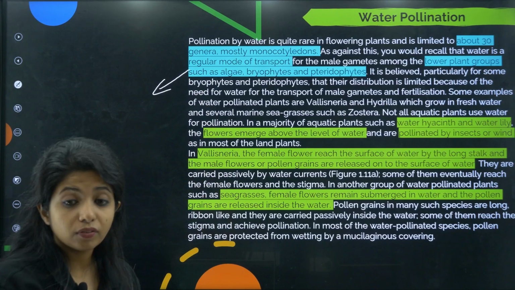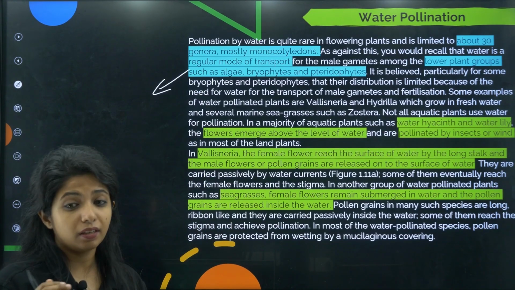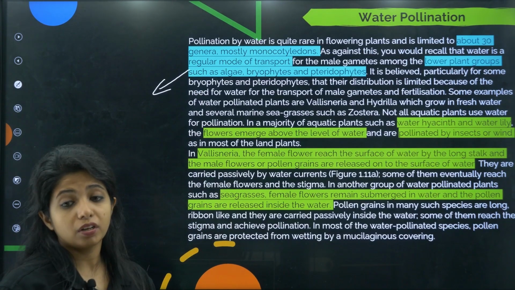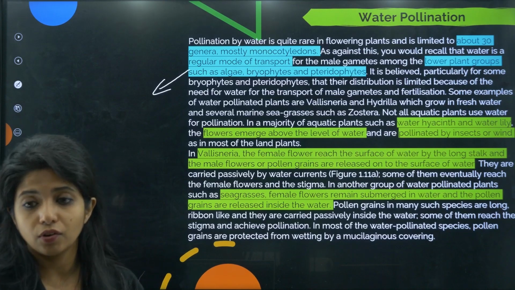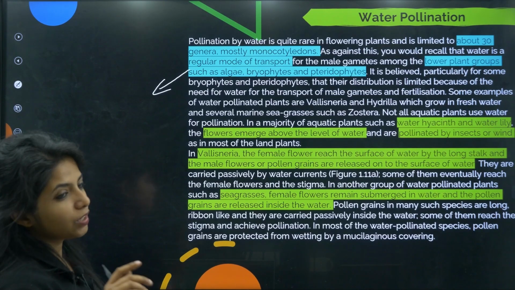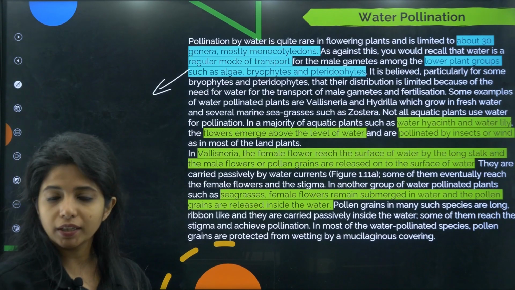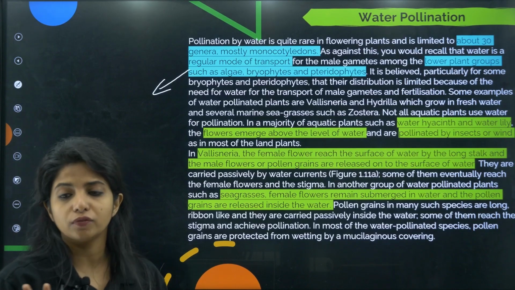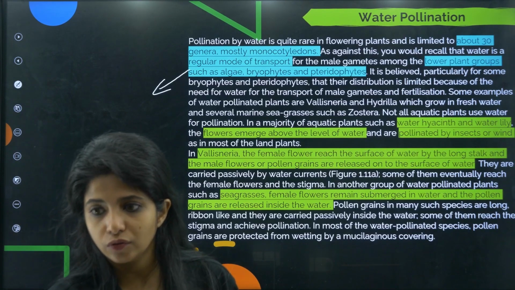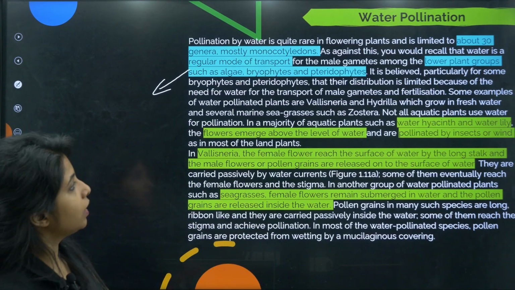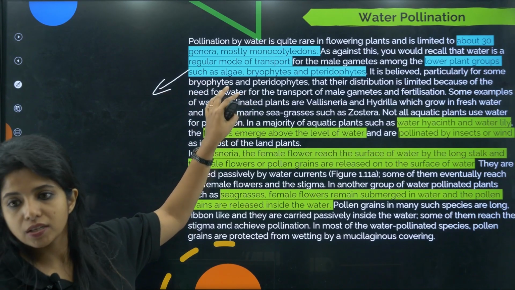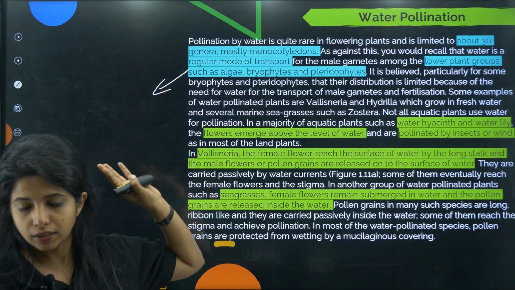They actually live in water, they do not live if water is not there. Such importance is given to water. So basically 30 genera of monocotyledons do it. And one more very important thing is that most of them are monocots. Going ahead, lower plant groups such as algae, bryophytes and pteridophytes can also do it.